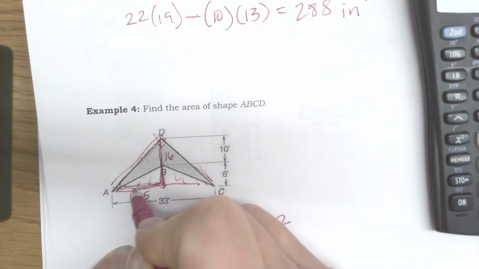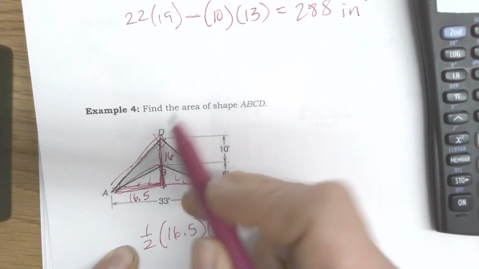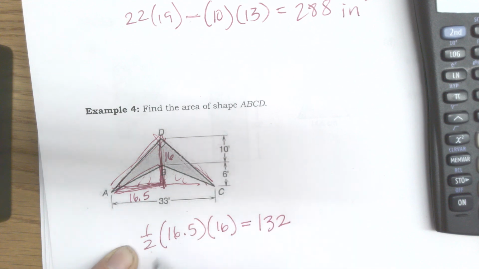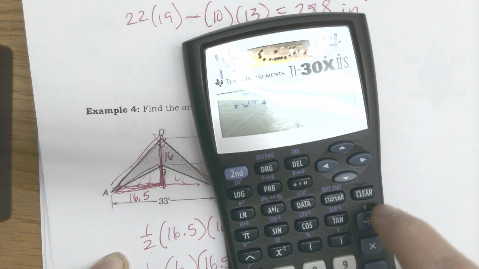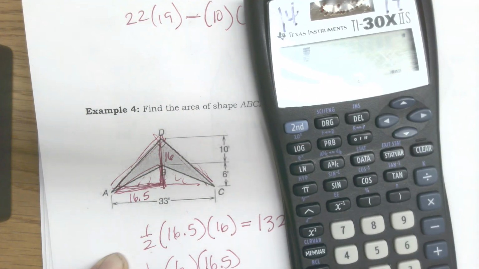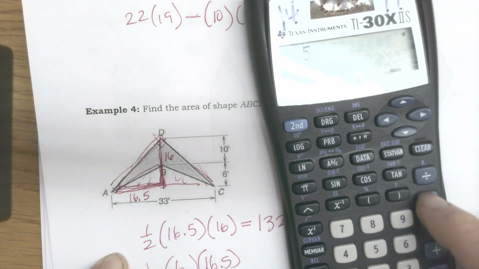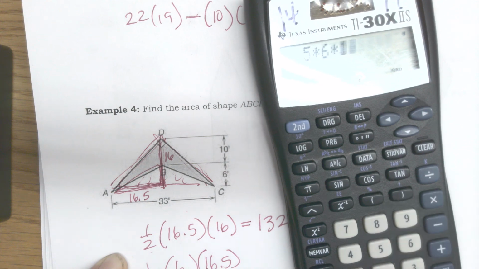And then I'll take out this little piece, which is 6 by 16.5, so that's half of 6 by 16.5, base times height. These flipped, it doesn't really matter, I can put them in any order. So I'll plug that in, 0.5 times 6 times 16.5.